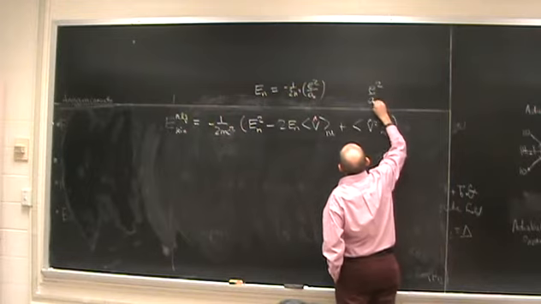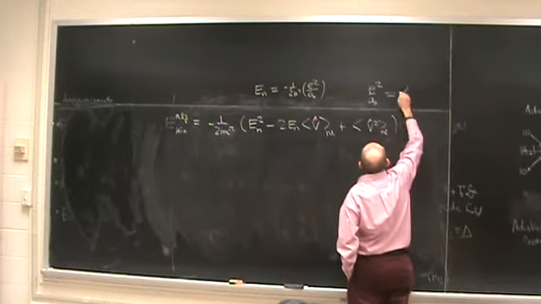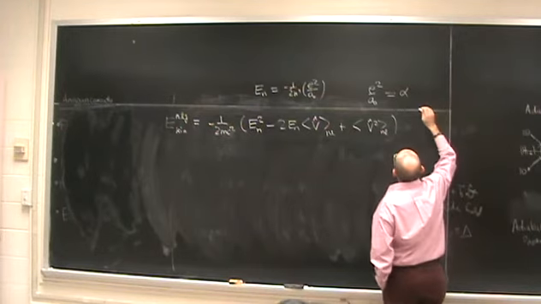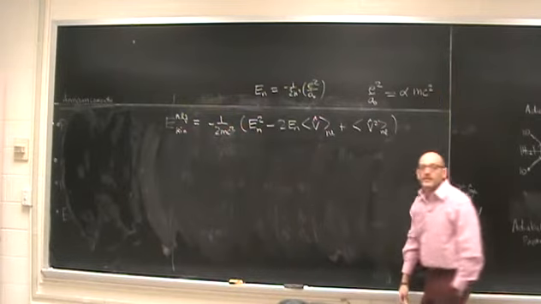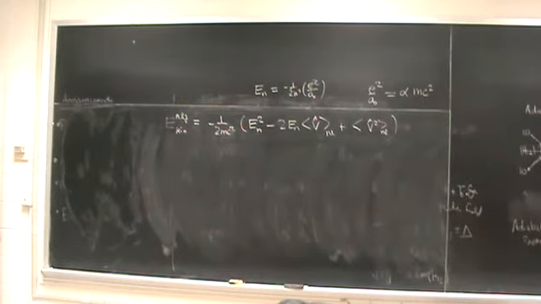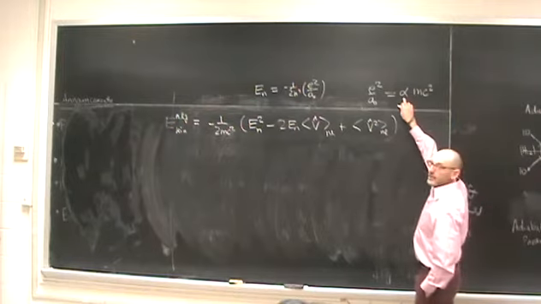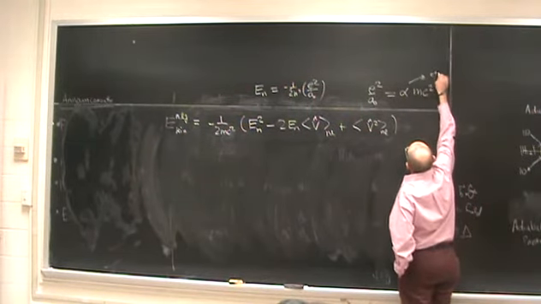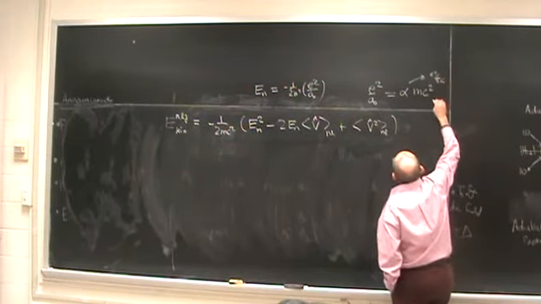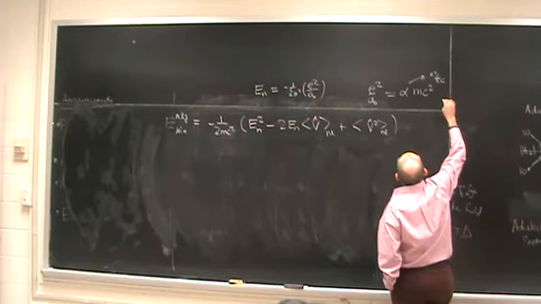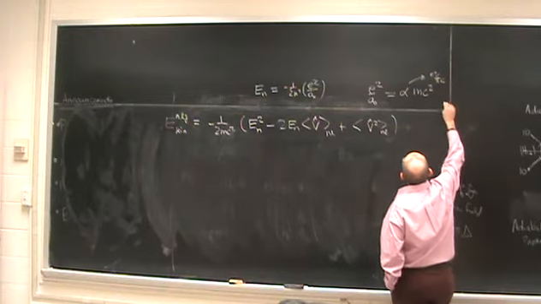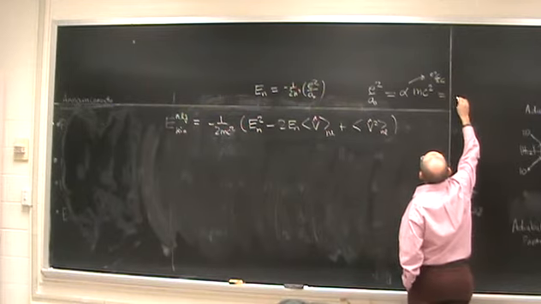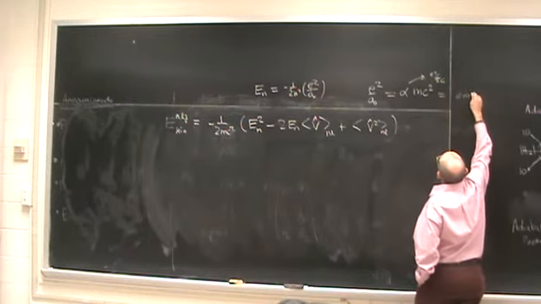I claim that the Hartree energy is equal to the fine structure constant times mc squared. Well, you can see that, because if I plug in e squared over ħc, this is me squared.